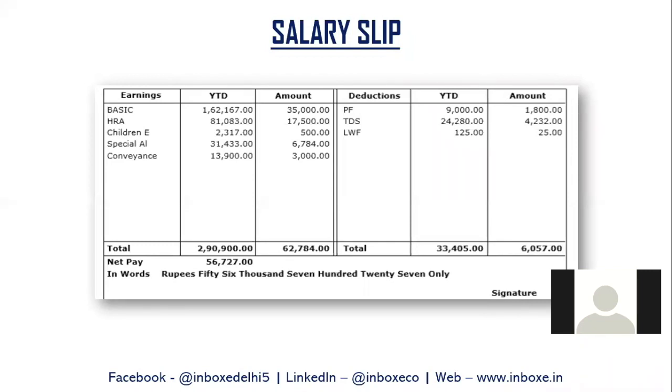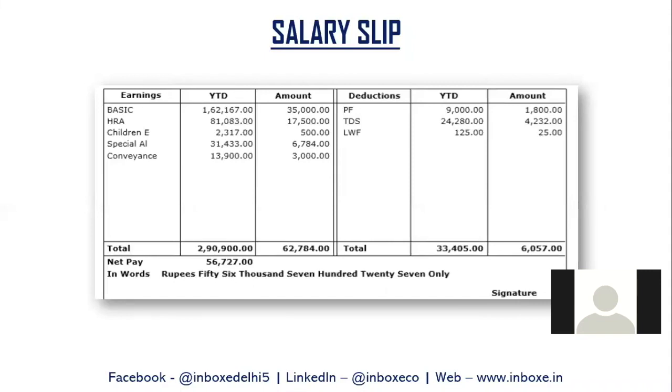Now the basic is mentioned as 35,000, HRA is 17,500, children's allowance is something, and everything is mentioned here. In the amount column, from your left-hand side at the bottom, you can see 62,784 is the total calculated amount. This is the monthly CTC.